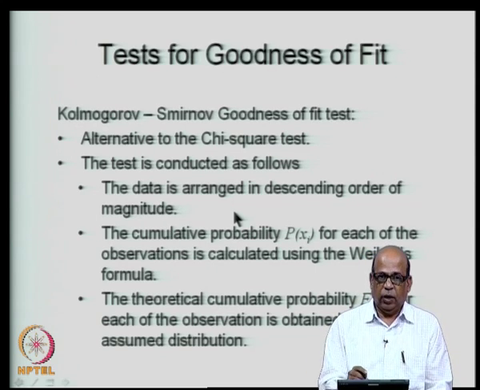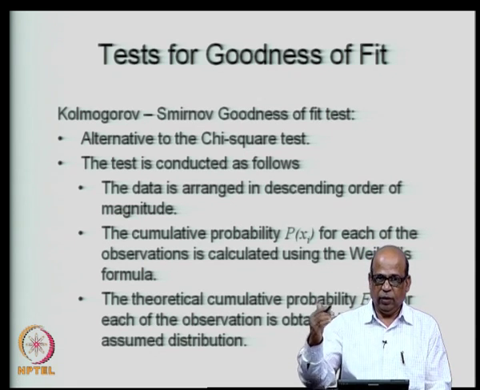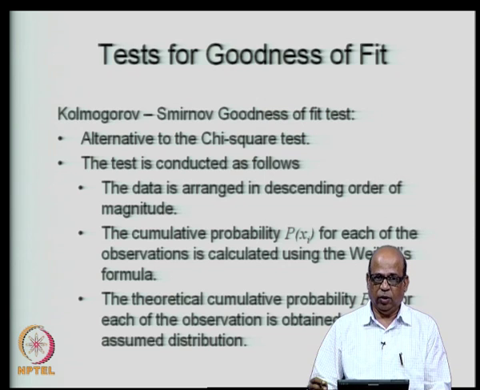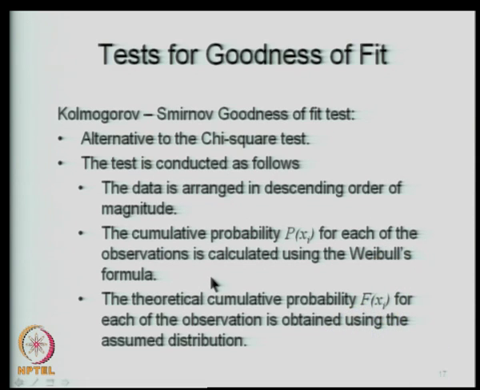Like in the probability plotting position methodology, we arrange the data in descending order, highest value first and lowest last. Then the cumulative probability associated with each of these is calculated from the Weibull's formula.